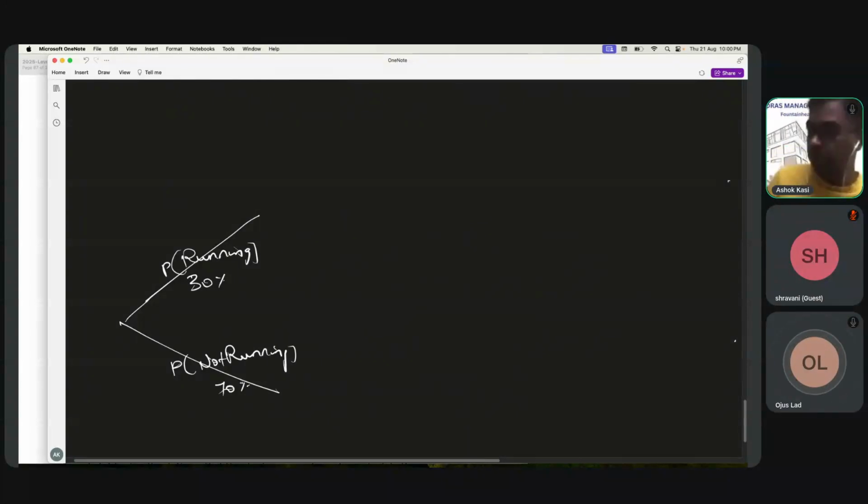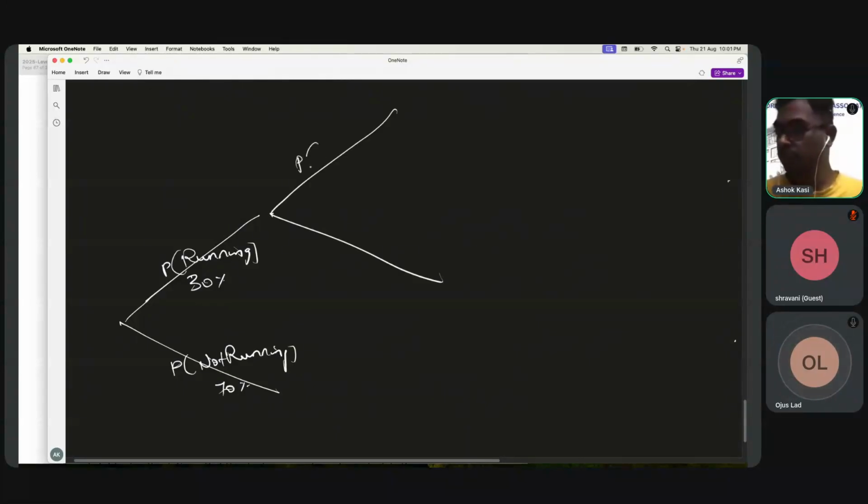Now, if a person is running, imagine the probability of him being fit is, let's say, 80 percentage, and the probability of him not being fit is 20 percentage.